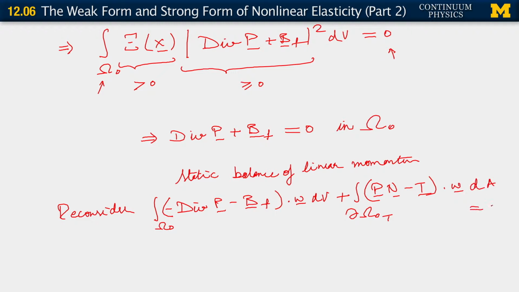All of this equals 0. But we've just shown, just above here, that this term is equal to 0 in omega naught. So that implies that we also have integral over the traction boundary Pn minus T dot W dA equals 0.